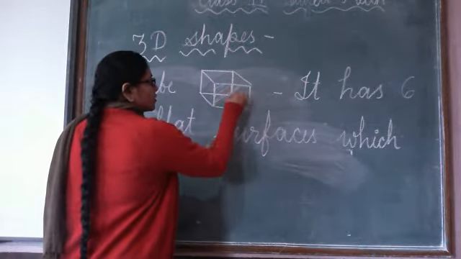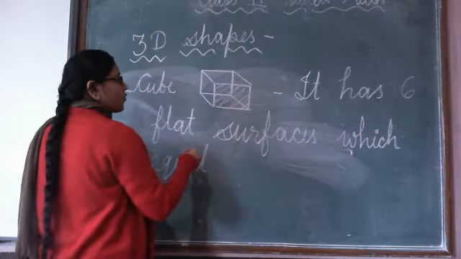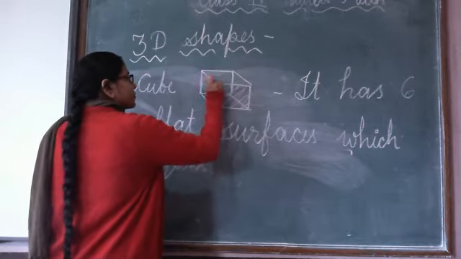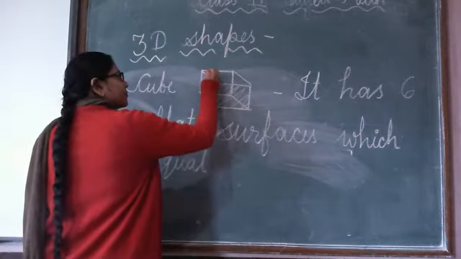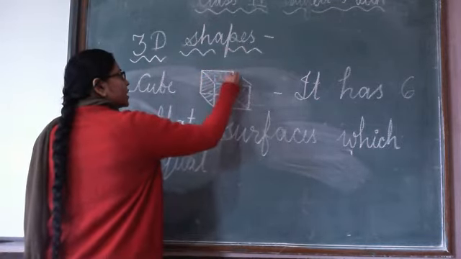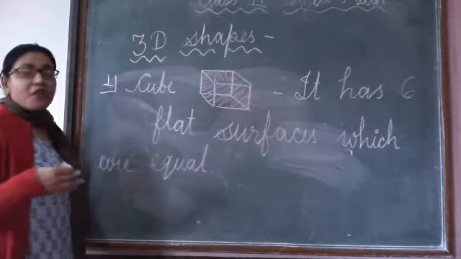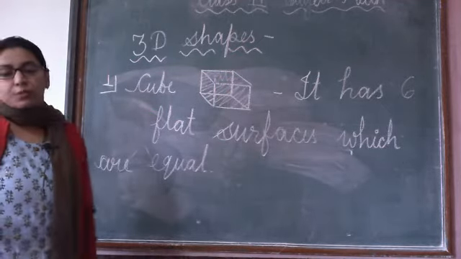This one, this one, this one. These are the flat surfaces of cube.